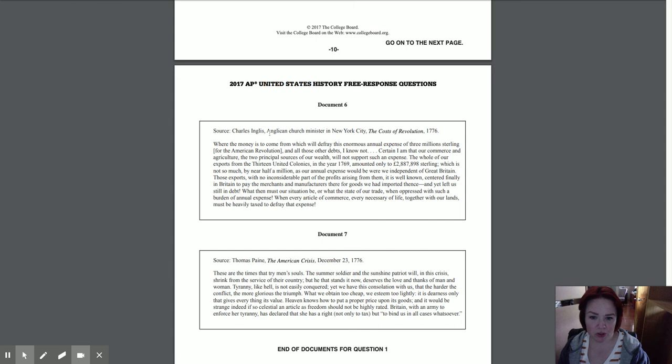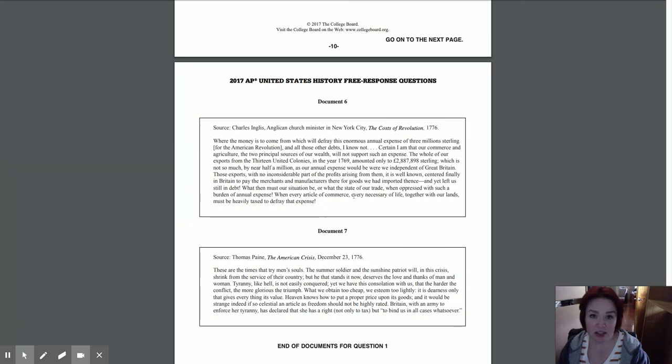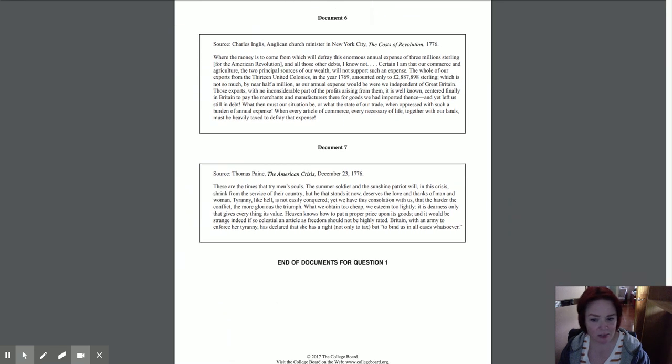So you'll note, one, he's an Anglican minister, which is the Church of England. He's talking about the costs of revolution. So maybe it's not so great to have a revolution. And it's 1776. We are well into this. You'll also note it's in New York City. New York City was notoriously loyalist, not nearly as independent as, say, Philadelphia or Boston. So important to note when you look at these documents.